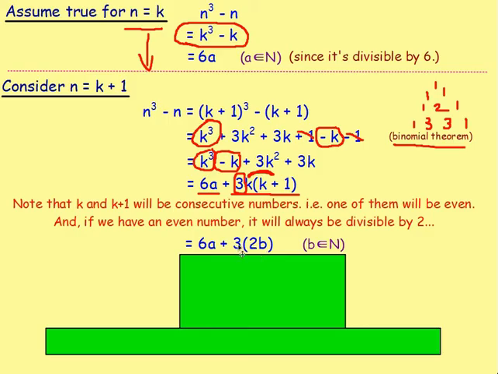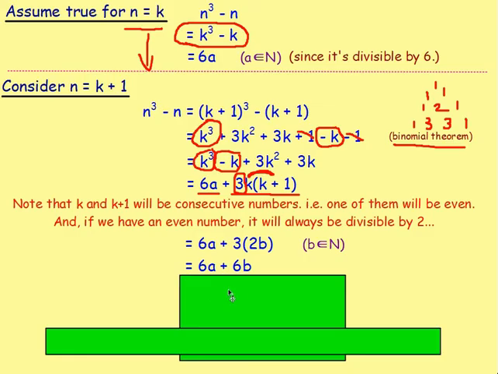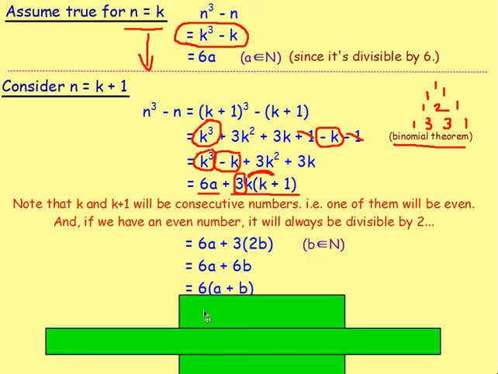After that, you've got 3 times 2, which is 6, so we've got 6b. Take out the 6 as a common factor, so that's 6 times the a plus b, and what that means is you've got 6 times something. A plus b is going to be a natural number, so let's bring in another letter again and say that's c. So just tidy it up completely. Again, c will be your natural number.